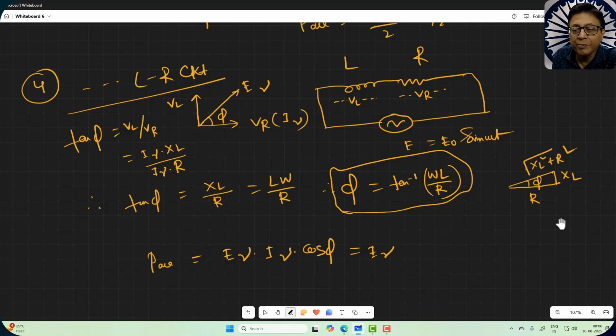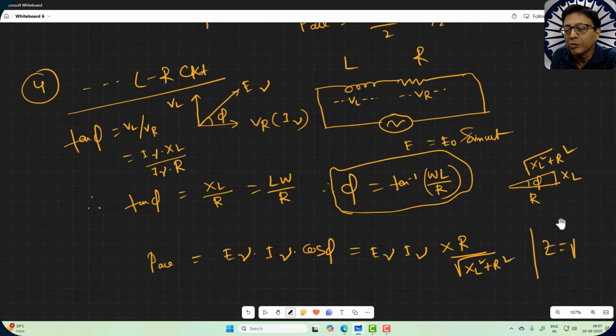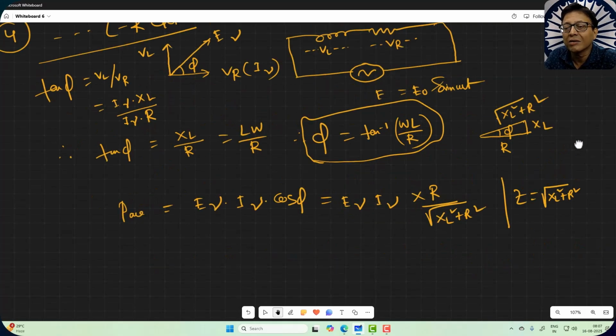So there it will be E_rms I_rms R by Z, this is called impedance, Z is equal to root of XL square plus R square, and I_rms equal to what?